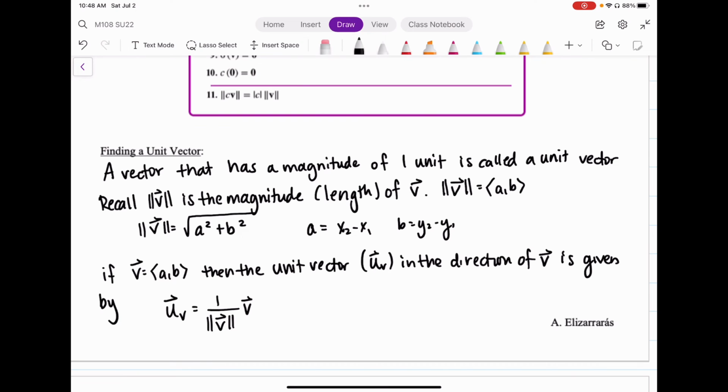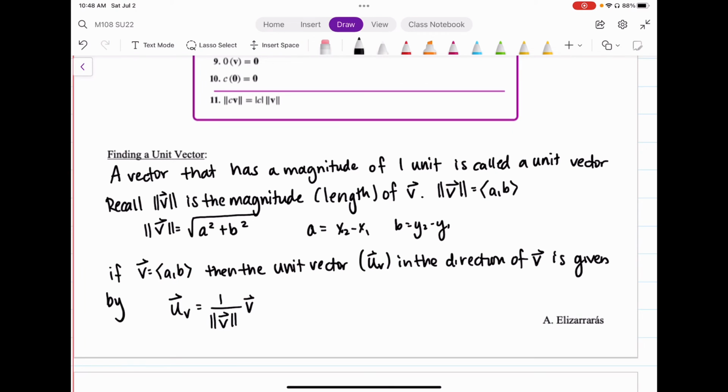Well, the vector v is component form a, b, so I could say 1 over the magnitude times a component form, which is the same thing as component form a over the magnitude of v, b over the magnitude of v.